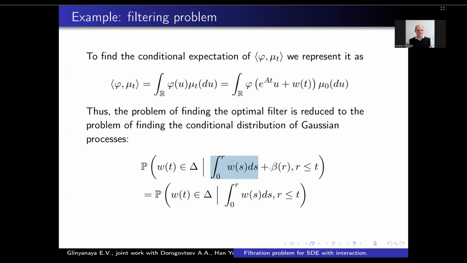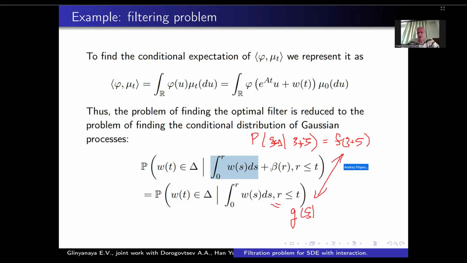And you see the result, for example, you have to calculate the probability that one Gaussian random variable belongs to a set delta, given xi and zeta. Right. And this result is some function of xi plus zeta. But this function is some function only of xi.